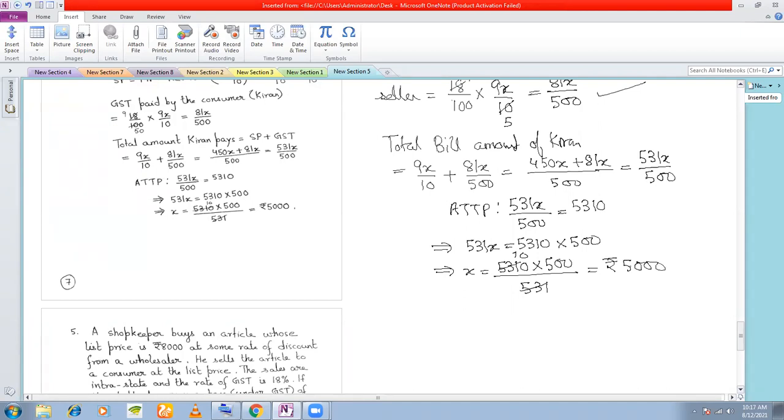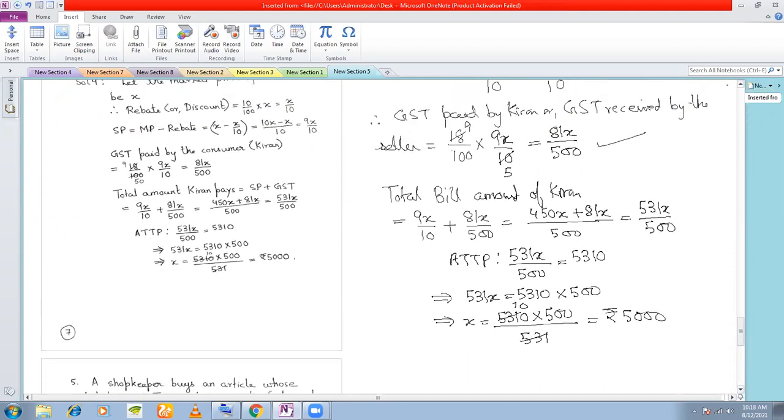That is what we have found out. Okay. Any question? There is no concept of input and output CGST and SGST because she is buying from a seller and she is a consumer. So there's no concept of input output for the consumer. And because we don't know whom the seller is buying from, we cannot find out the input and the output. That is why we have worked with the total amount of GST, 18%.